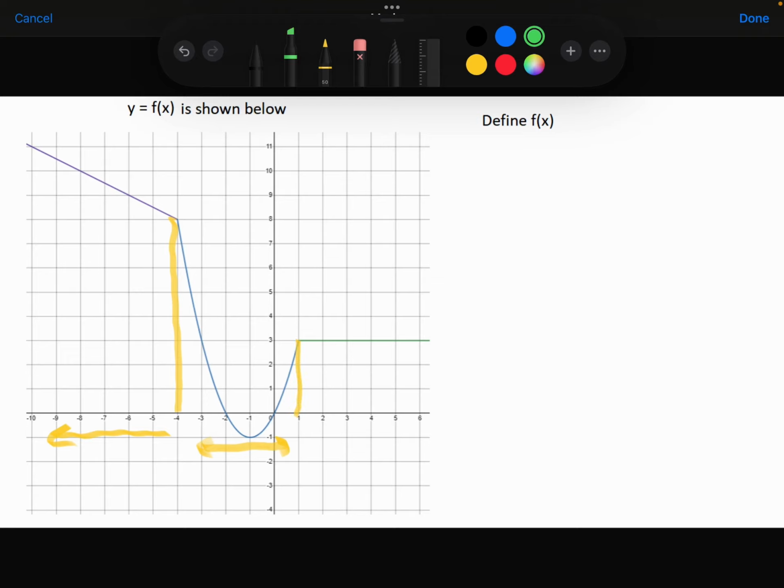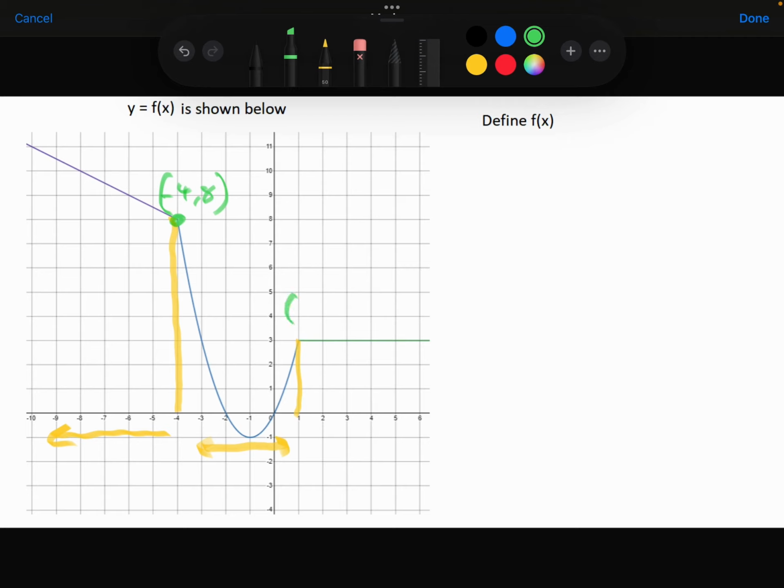Now, notice the minus 4, 8 coordinate there: both the purple line and the blue line go through that point. Therefore, I can include the minus 4 in the domain of the purple line or the blue line. It doesn't matter, you can choose which you're going to do.